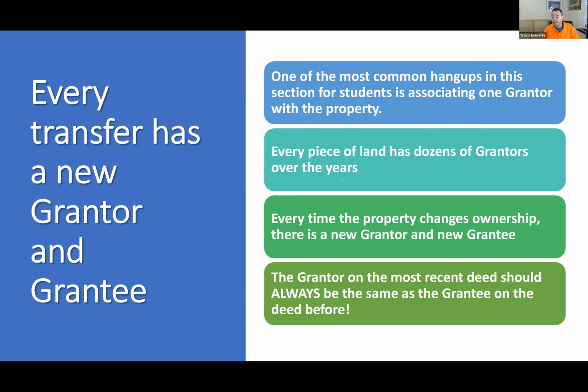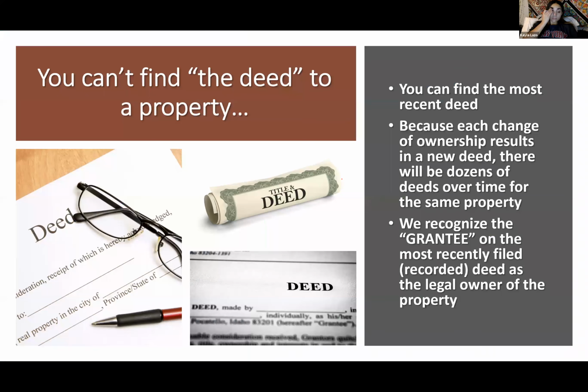Now, we talked about this on Monday a little bit. What is the document that a grantor is going to sign when they transfer ownership? A deed. So another thing that you will hear people say that is really a misnomer is, where's the deed?